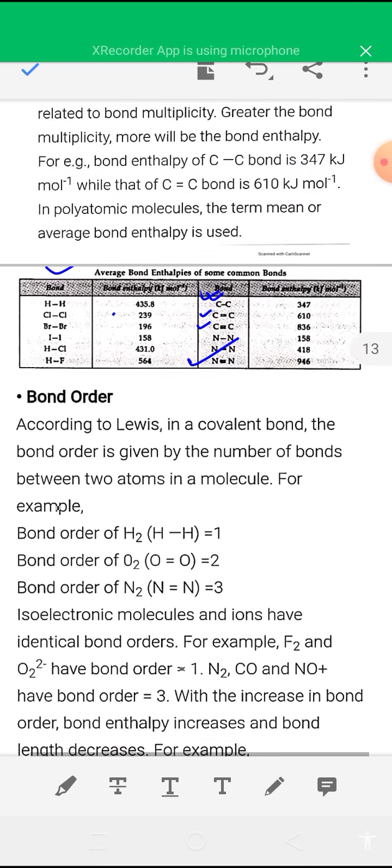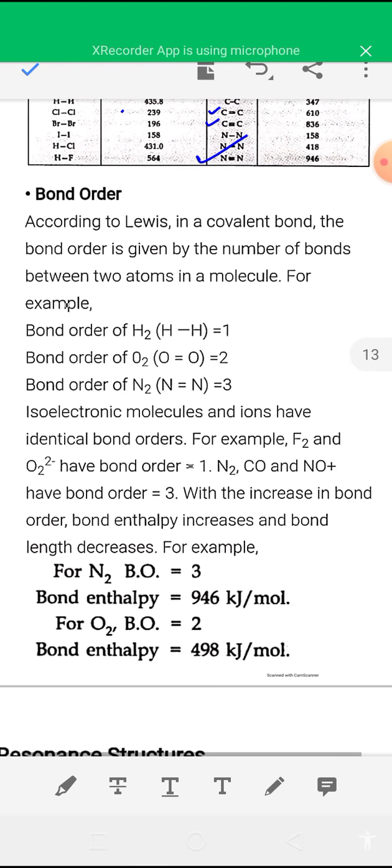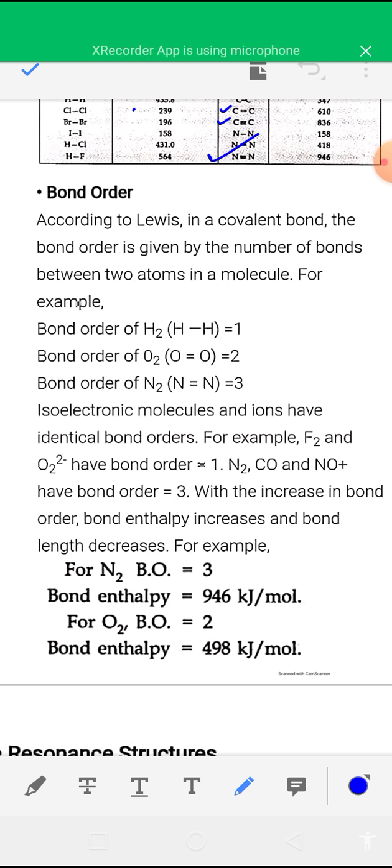Okay, and the last bond parameter is bond order. Bond order means the type of bond present between two atoms, single bond, double bond, or triple covalent bond. In a covalent bond, the bond order is given by the number of bonds between two atoms in a molecule. For example, in a hydrogen molecule, there is a single covalent bond between two hydrogen atoms, so bond order is 1.